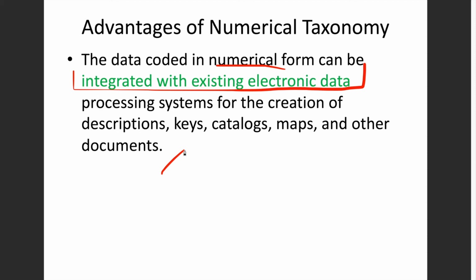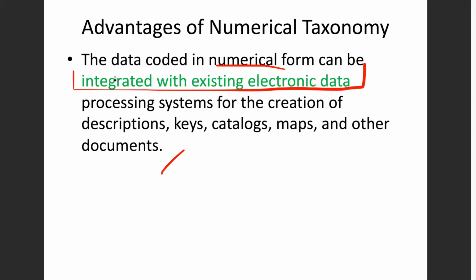For example, if you have a database of these different data points or measurements, no, of your organism, you can create a catalog, and with that, if you have a database of the different characters of your organism, you can cross-check it if you have discovered a new species, for example. So that's the beauty of this system, no?